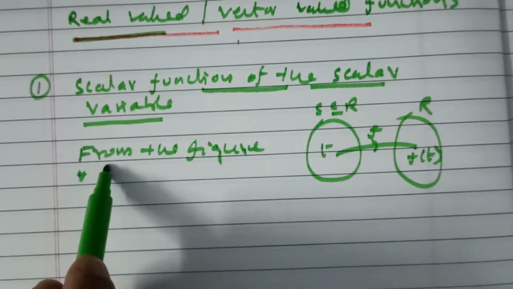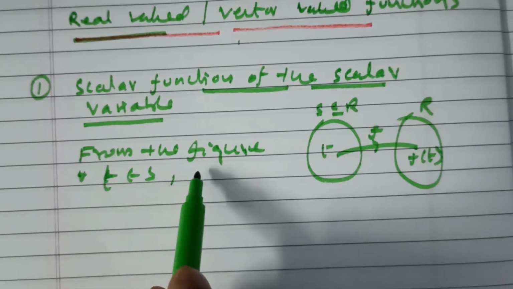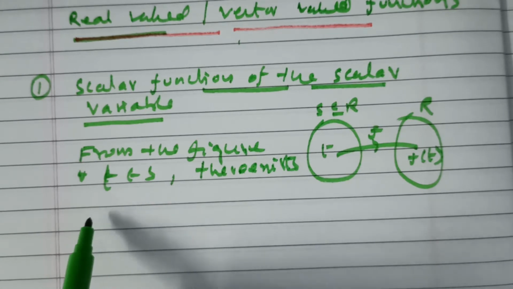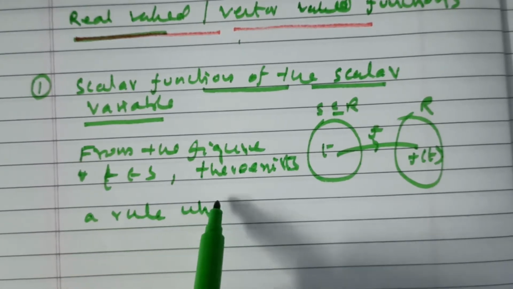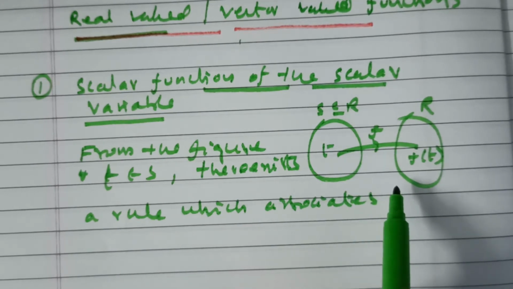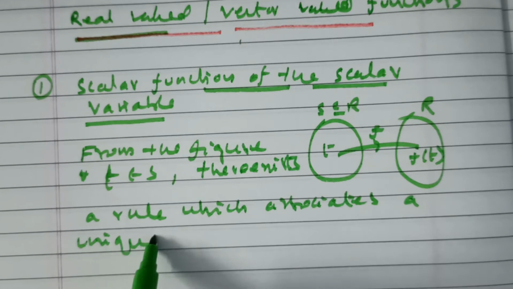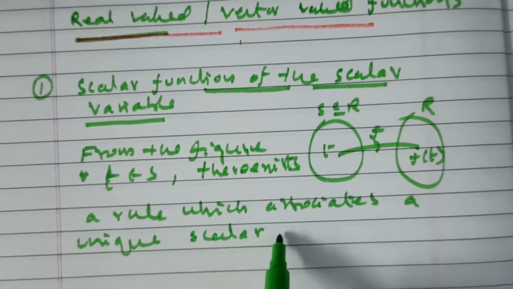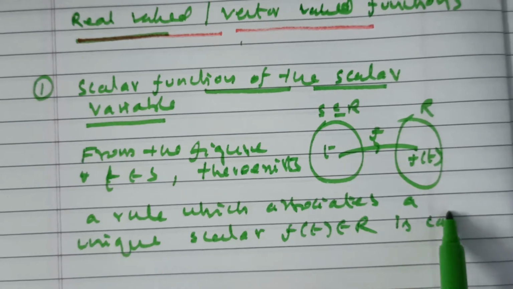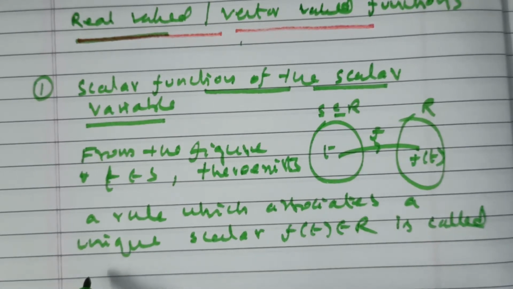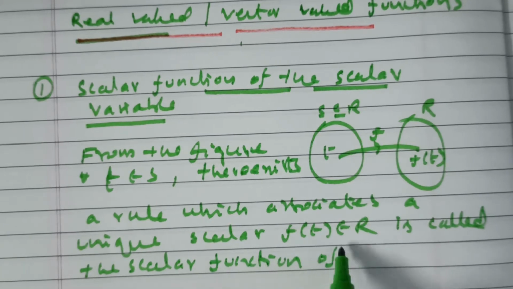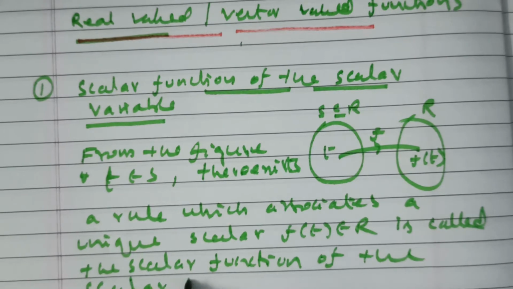Now define the scalar function of the scalar variable t from the figure. For all t belongs to S, there exists a rule which associates a unique scalar f of t belongs to R, is called the scalar function of the scalar variable t.